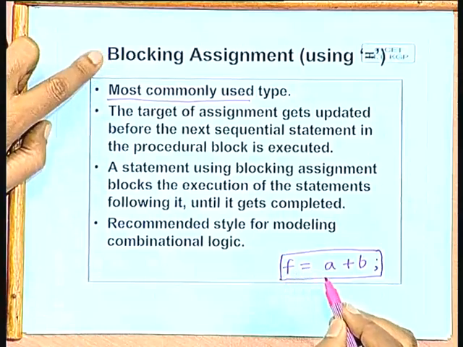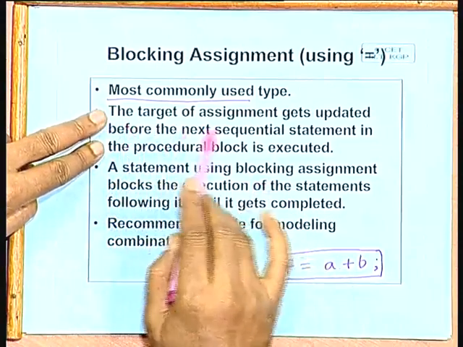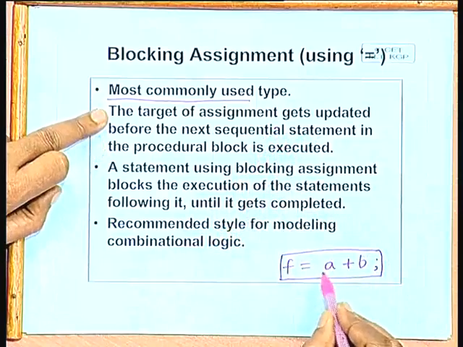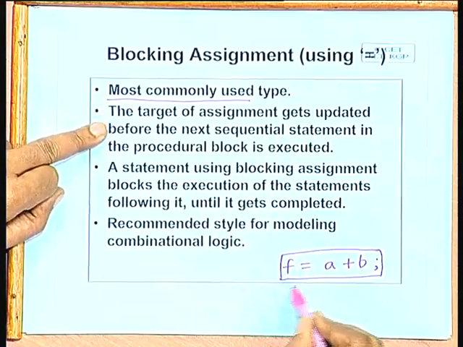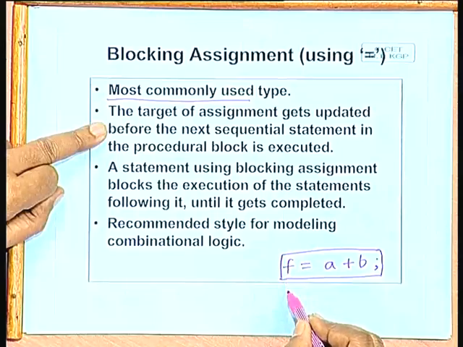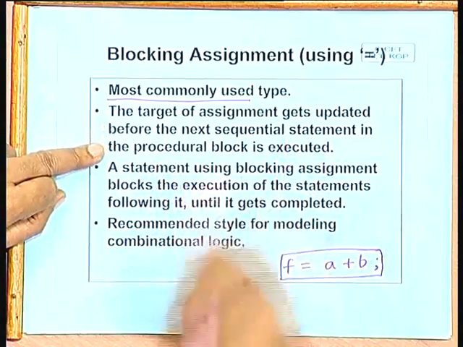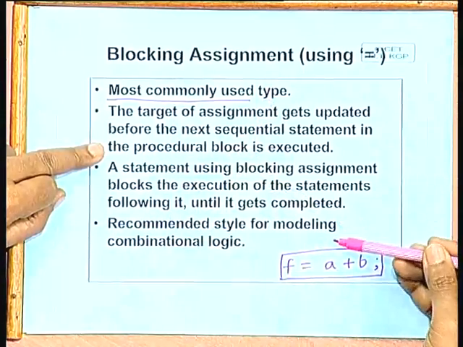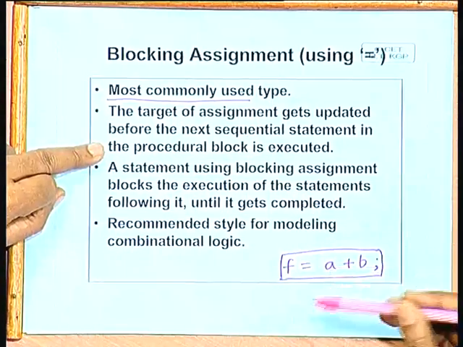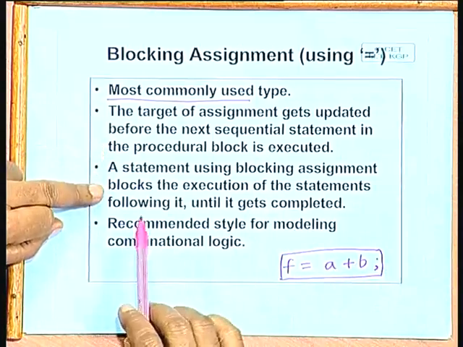Now, blocking assignment says that the target of the assignment gets updated, meaning this f will get its new value, before the next sequential statement is executed. So in the blocking assignment there is a strict order of execution which the semantics demand.